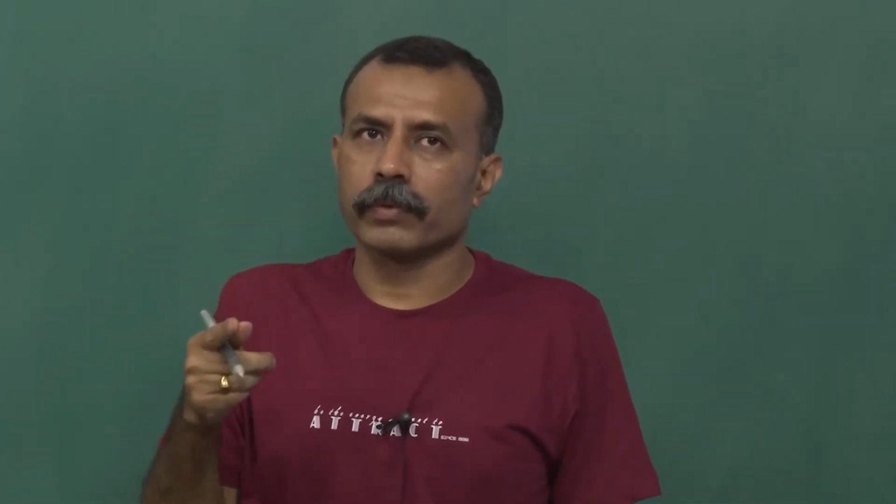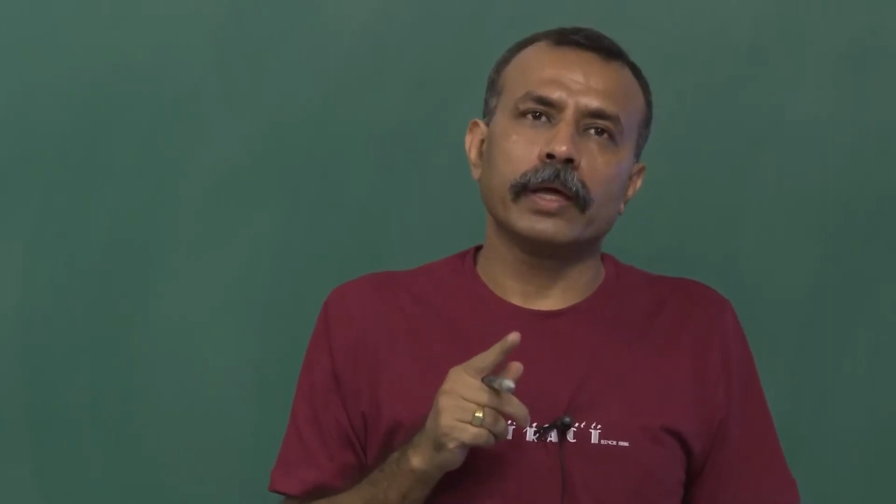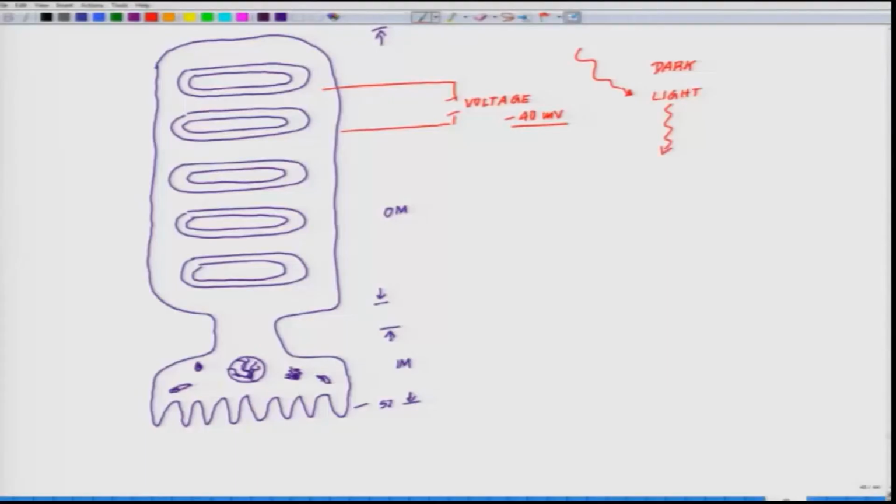By the same token, you will anticipate that when the light falls on a rod or a cone cell, it should generate an electrical current.